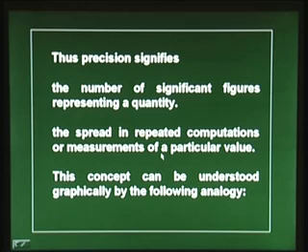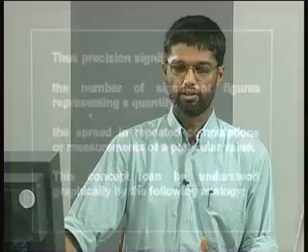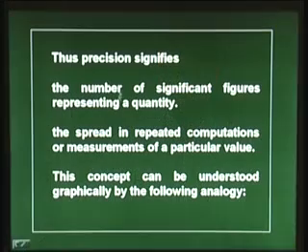One second before that, precision also signifies the number of significant figures representing the quantity. That's also important, how close to the real value you are, and how many significant figures you have. That is referred to by precision.